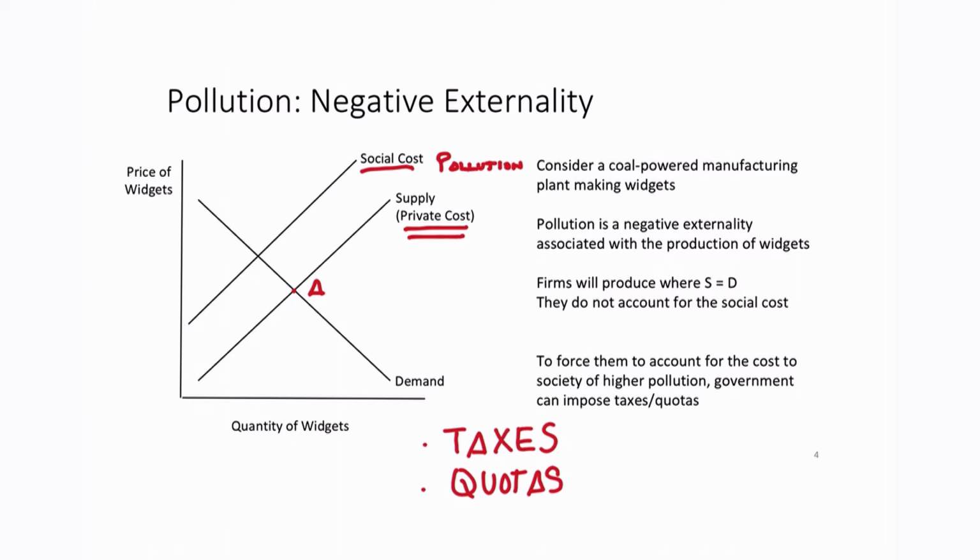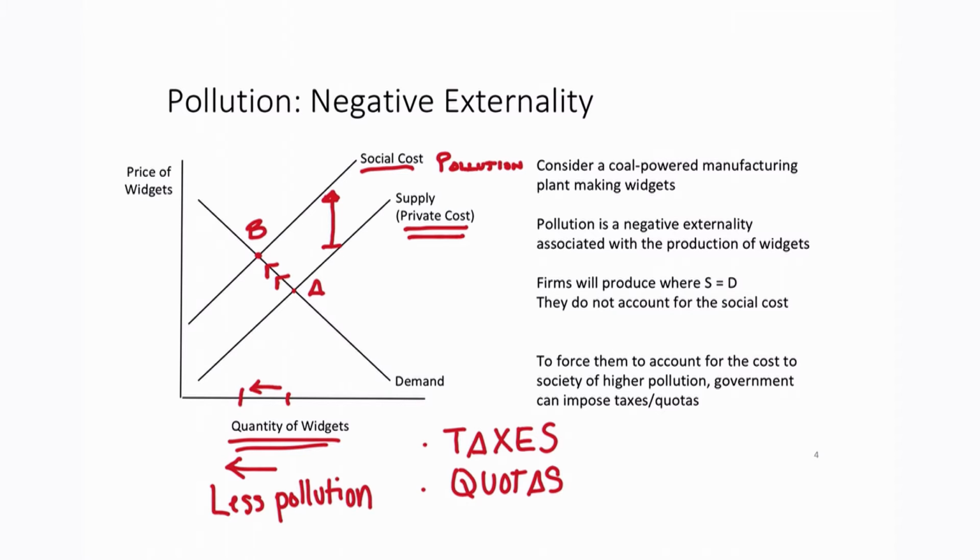Either of these types of government policies are going to force the social cost to be taken into account by the firm so that their costs are rising, and the outcome should be that they move to a new equilibrium, B, that takes into account both the private and social costs. The result is that the firm ends up producing fewer widgets. With fewer widgets produced, that's going to tell us that we have less pollution, all else equal.